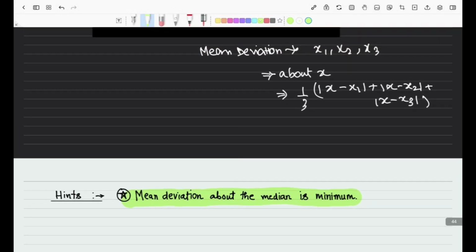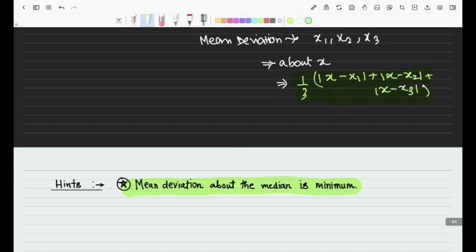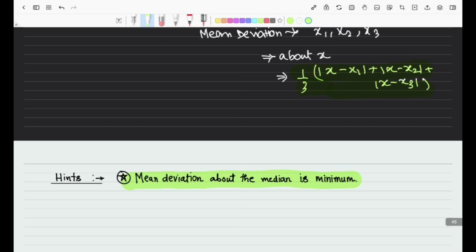The mean deviation is this thing right here, as I am highlighting, but the mean deviation is minimum when it is taken about the median of the data set.